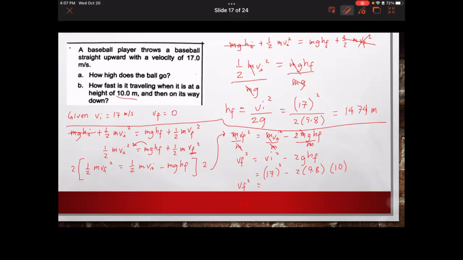Ano muna tayo? 17 squared minus 2 times 9.8 times 10. So di ba may sagot na yon. Tapos, pindutin nyo yung square root tapos ANS dun sa calculator. 9.64 po. Okay. This will be 9.64 meters per second. That is the exact answer, 9.64. Same answer, Therese? Opo. Okay, so that is 9.64.